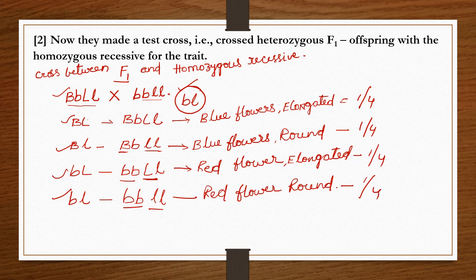So that means each individual forms 25% in the test cross. It is the test cross only.